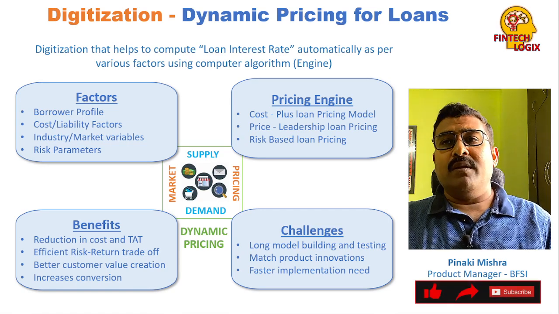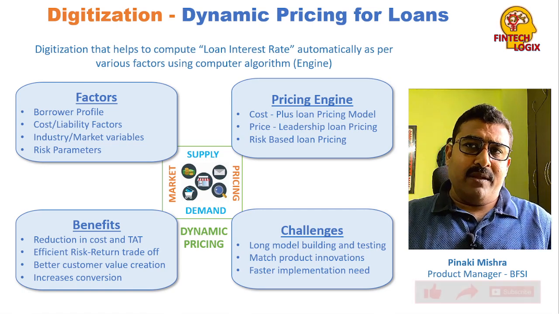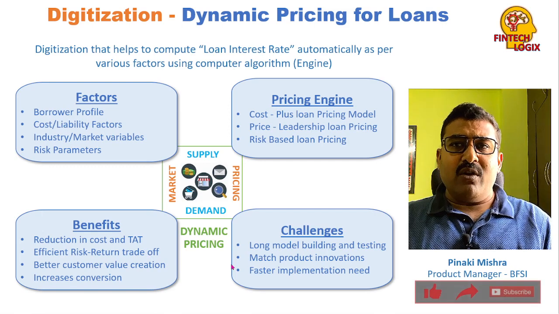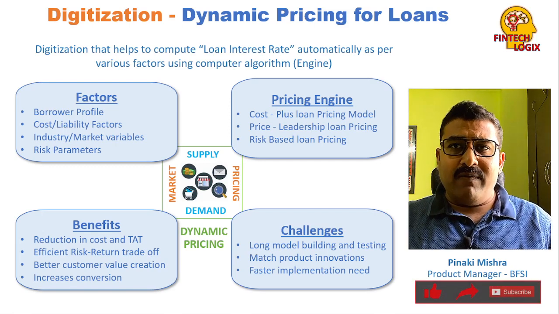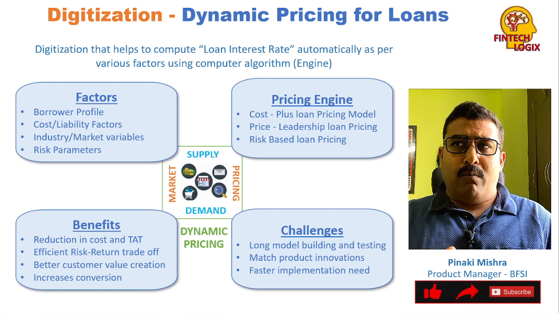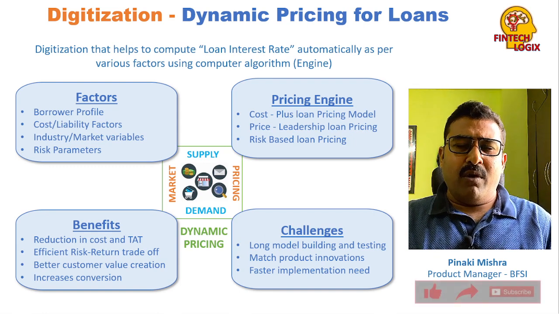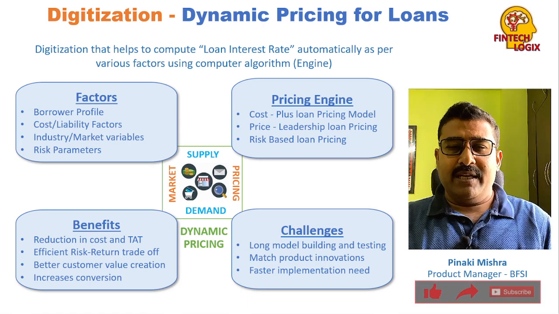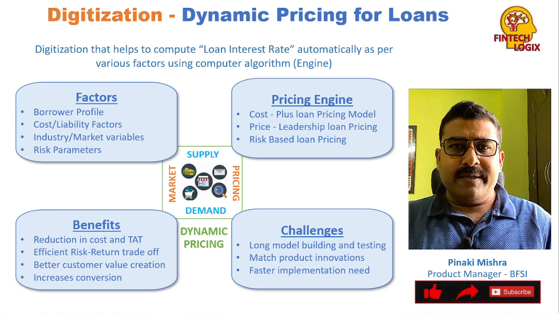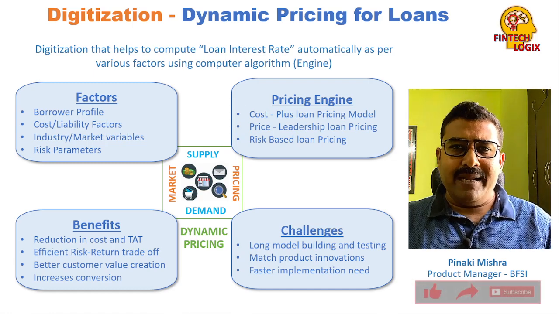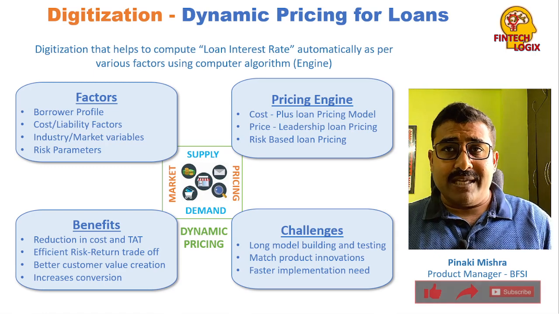Now, at the same time, we should not be forgetting about the challenges. We are talking about a lot of lenders here, right? So if you look at the model to be efficient in calculating a near perfect pricing, it has to go through a long model building process and a testing process as well.